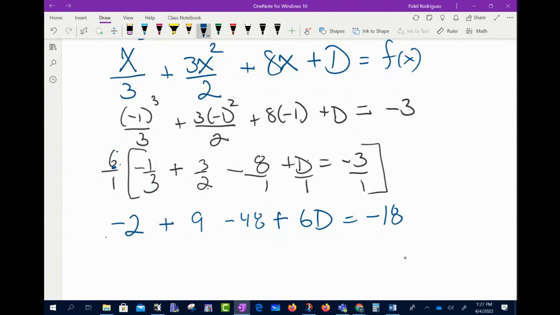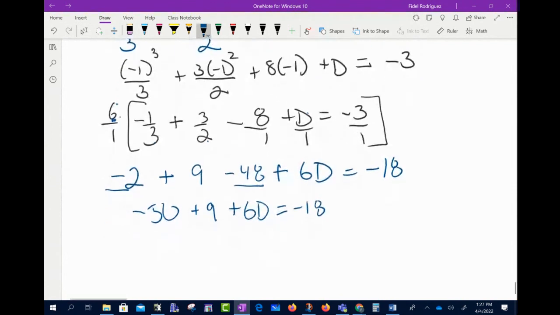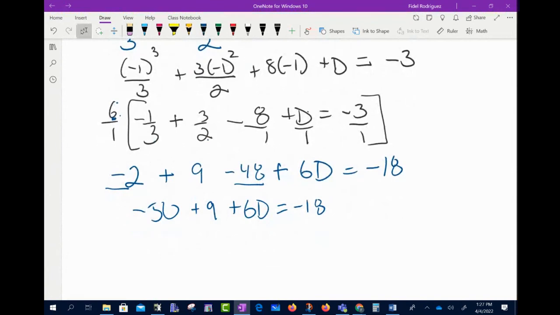So right here, I'm going to combine my negative numbers together. -2 and -48 is a -50, plus 9 plus 6d equals a -18. Okay. -50 plus 9 should be -41, plus 6d equals -18. I'm going to go ahead and add 41 to both sides.